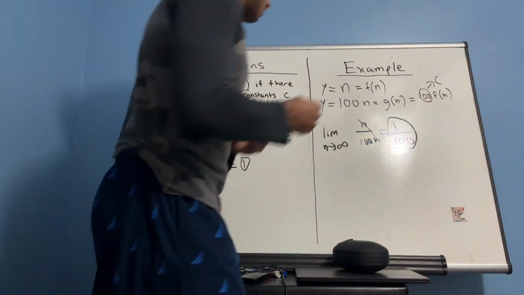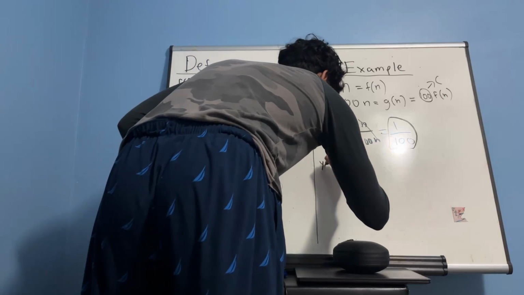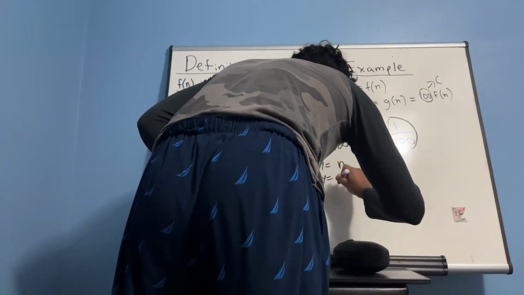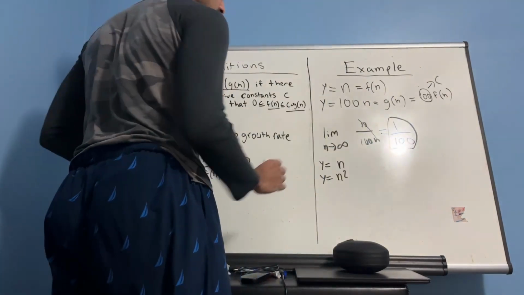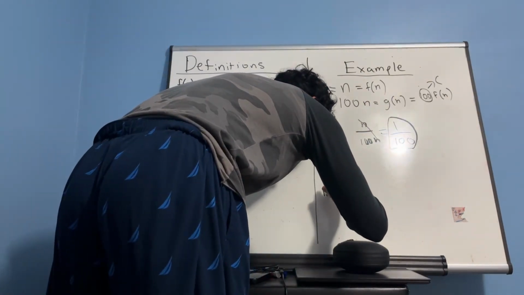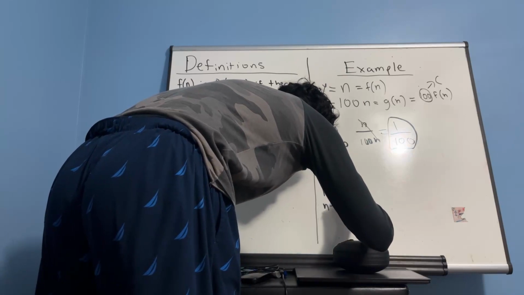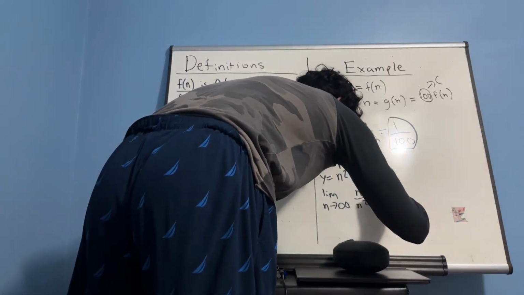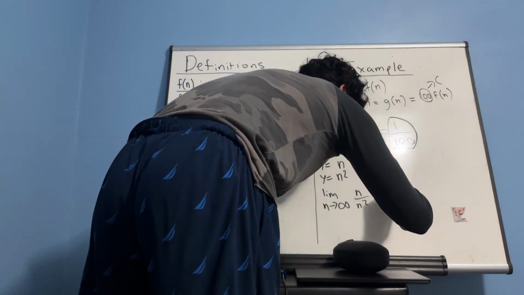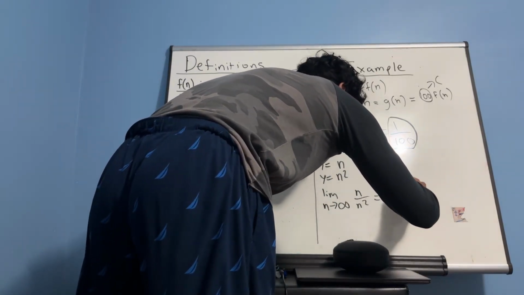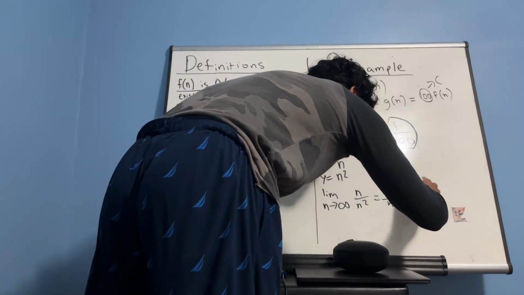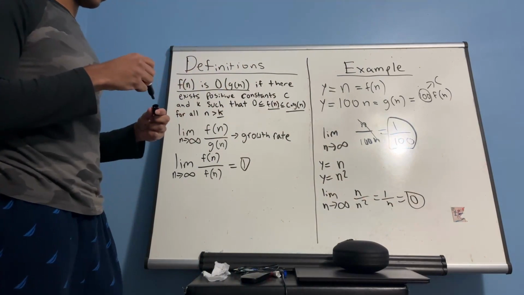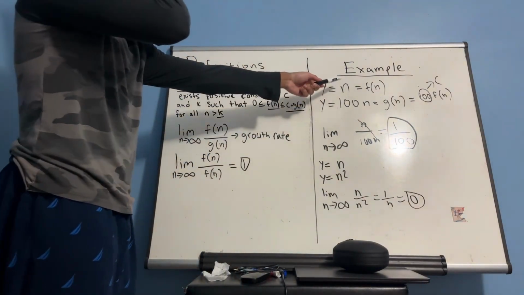Let's say that we had two different functions, y equals n and y equals n squared. If we're trying to find the growth rate between these two functions, it would be n over n squared, and this would just be 1 over n, and then this would just be 0. So you can see that there's a difference between two different growth rates of a function.